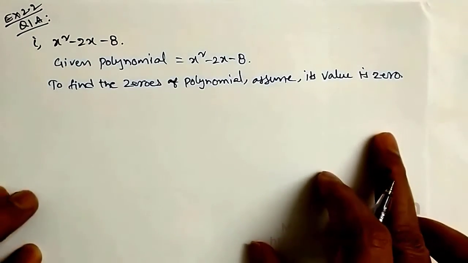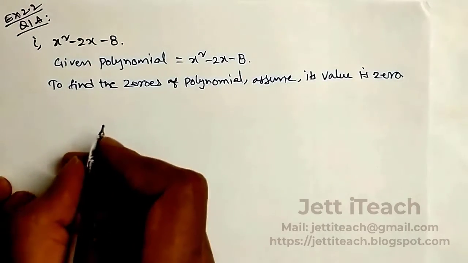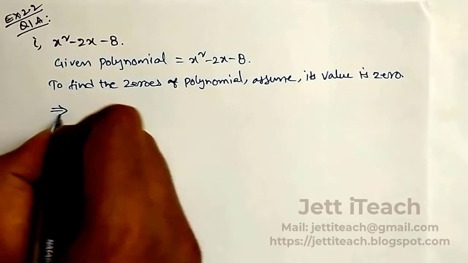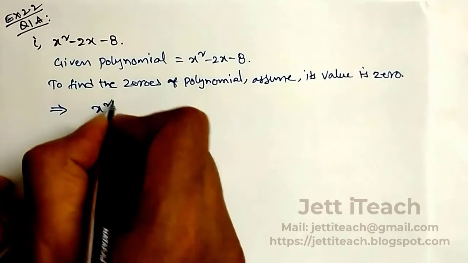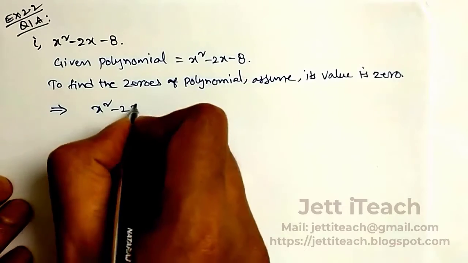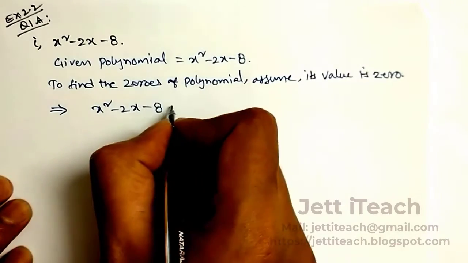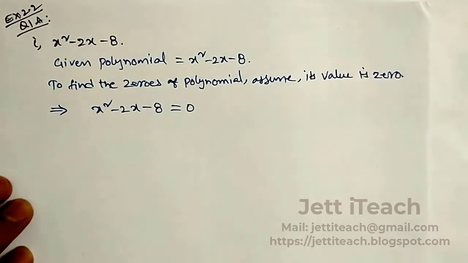Its value means the polynomial value is 0. So you can write x square minus 2x minus 8 is 0.